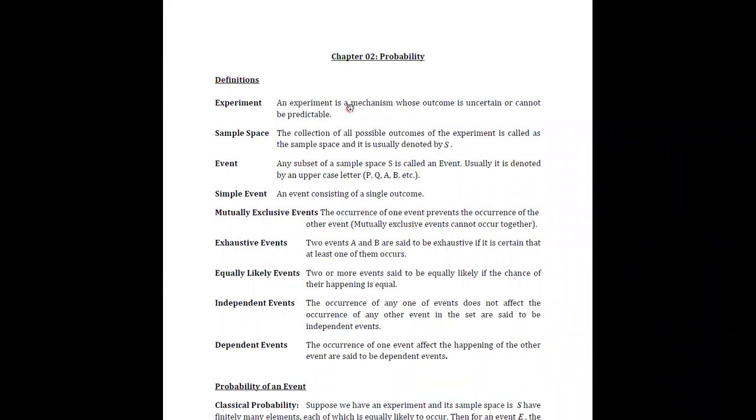When we discuss probability, first we have to have an idea about what is meant by an experiment. An experiment is a mechanism whose outcome is uncertain or cannot be predicted. We can simply say it in this way. Think about tossing a coin.